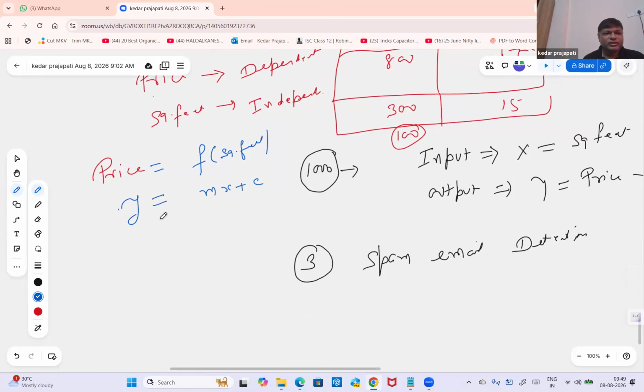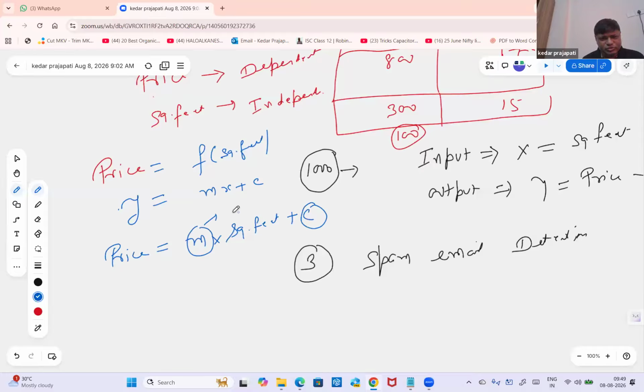What is y? y is price. So you have to provide it like this: price equal to m into square feet plus c. This c is the intercept and m is the slope. We'll see later.